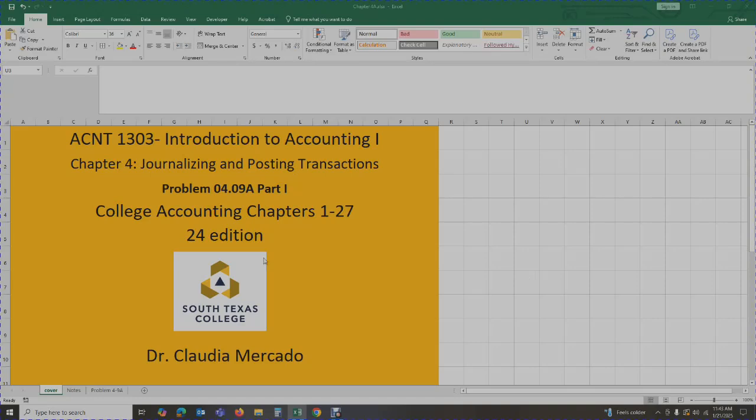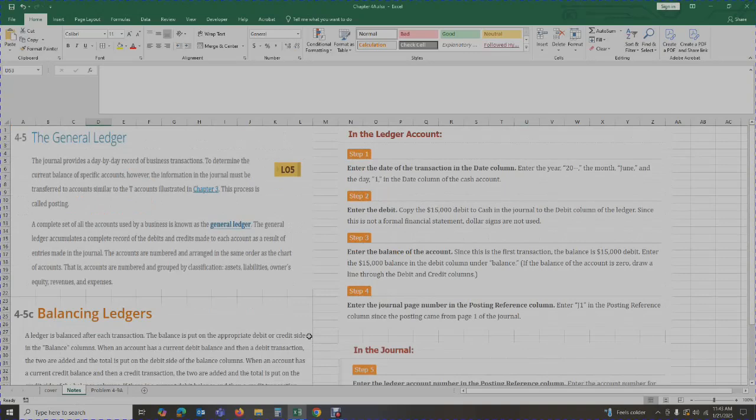So before we begin, what are we going to be covering in Chapter 4? In Chapter 4, we are introduced to the general ledger. The general ledger basically is a record that keeps track of all of the transactions per one account. So we might have 50, 100, 200 accounts. We have one general ledger for each of those accounts.